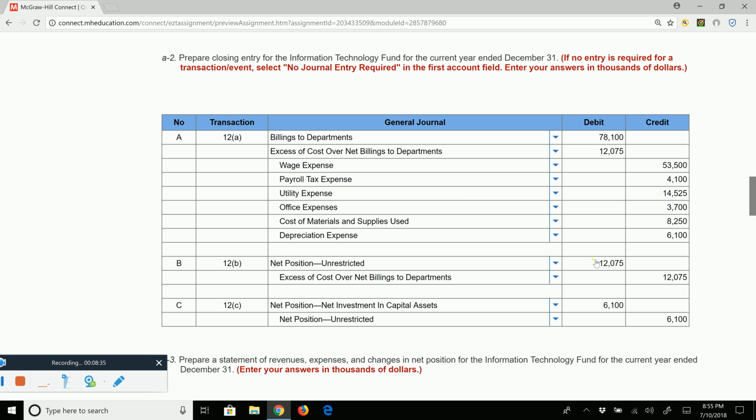Remember, with proprietary funds, our equity is called net position. And we have 3 categories of net position. We have unrestricted, we have restricted, and we also have net investment in capital assets. So first we close out everything to unrestricted. And then after we close out everything to unrestricted, then we will update the other 2 categories of net position.